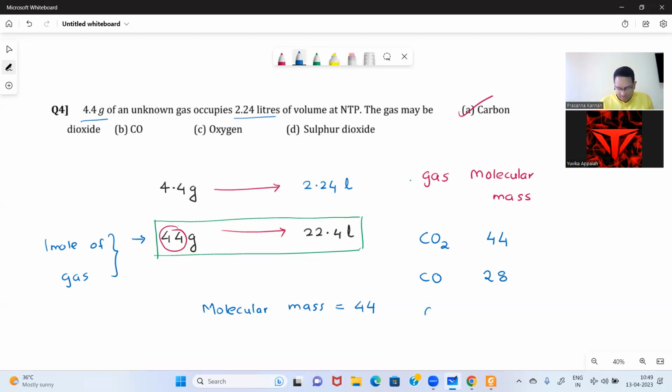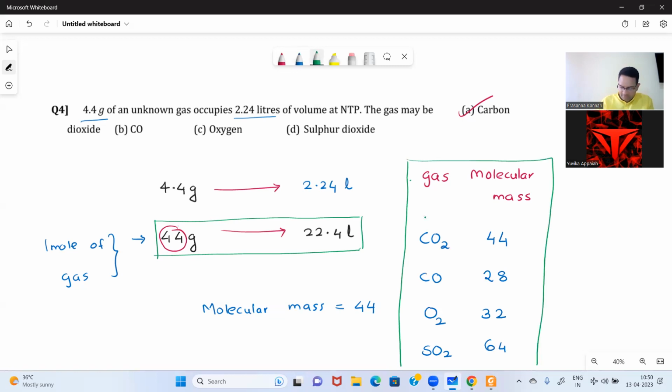When I say oxygen, it's oxygen gas, which means O2. 16 into 2 is 32. When I say sulfur dioxide, it is SO2. Sulfur atomic mass is 32. Two oxygen atoms, 16 into 2, 32. 32 plus 32, so 64. Therefore, these would be the corresponding molecular masses.